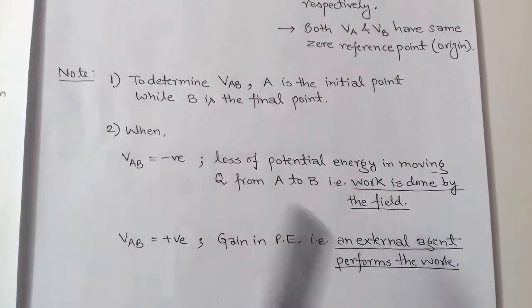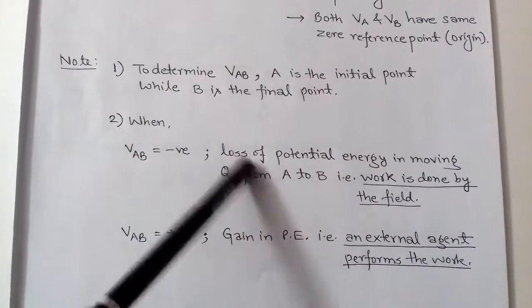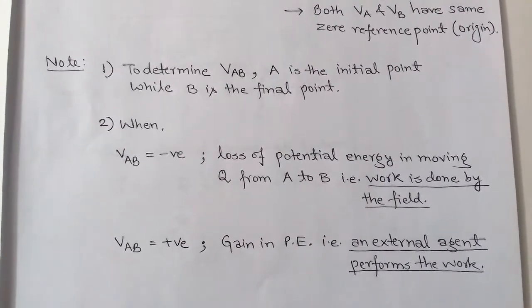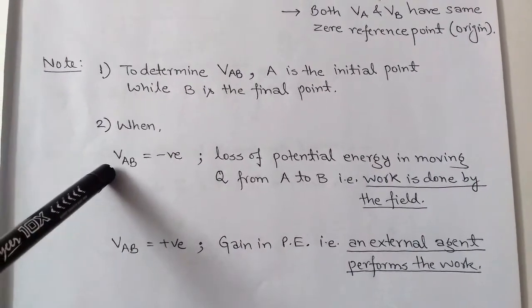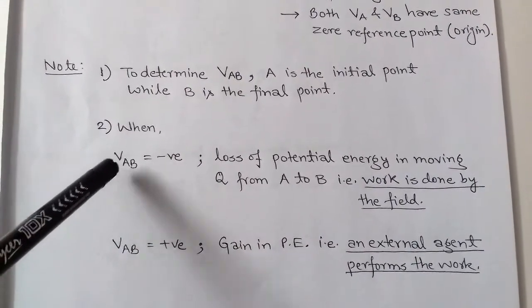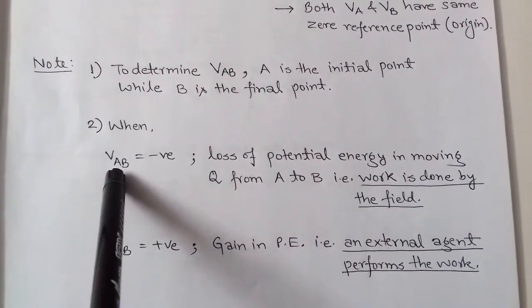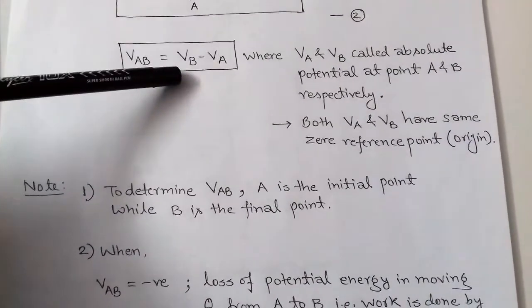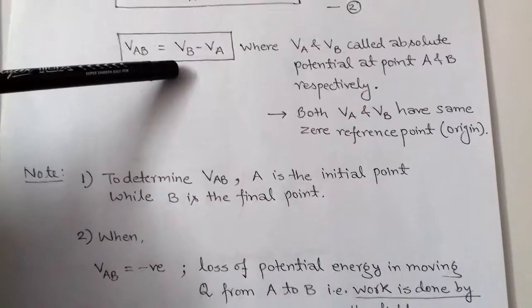So there are some points to be noted. First, to determine VAB, the potential difference, A is the initial point while B is the final point. And second, when the potential difference is negative, it means VB is less than VA, or VA is greater than VB.